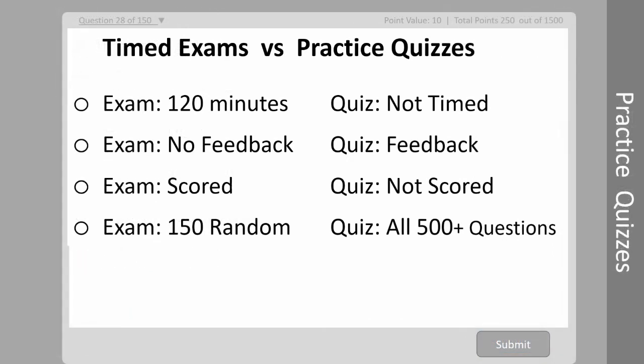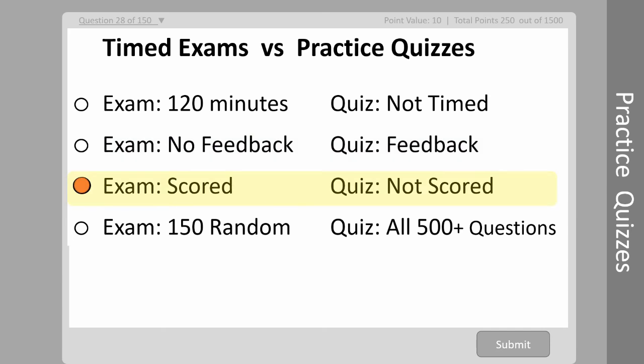Timed exams are very similar to practice quizzes, however there are several differences. The timed exams are limited to 120 minutes to represent the length of the actual CWI test, and quizzes are not timed. The timed exam also provides no feedback until at the end of the test when you receive your results. In quizzes, you receive the immediate feedback as I showed you earlier.